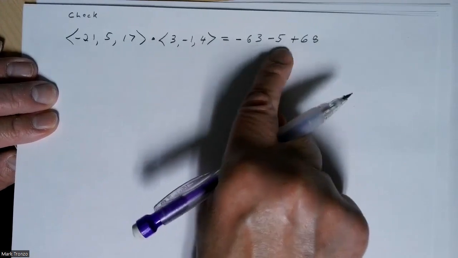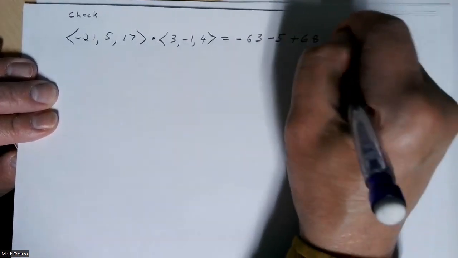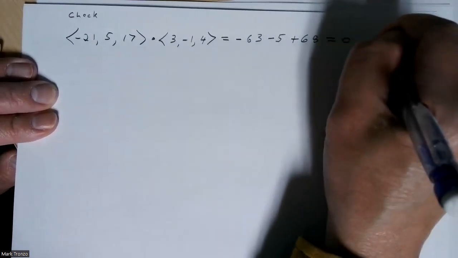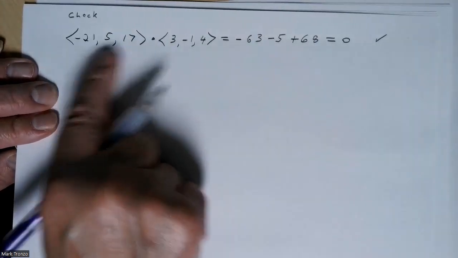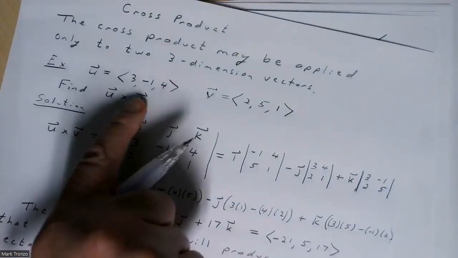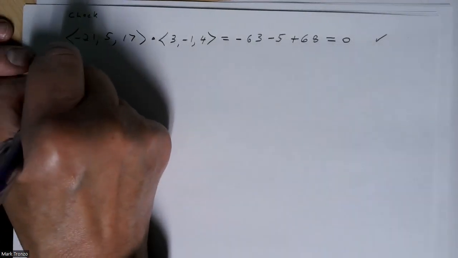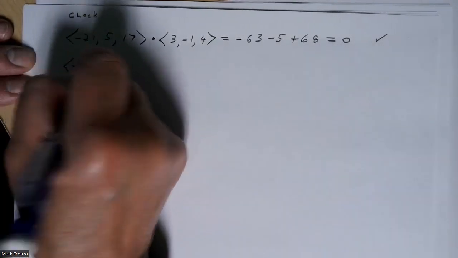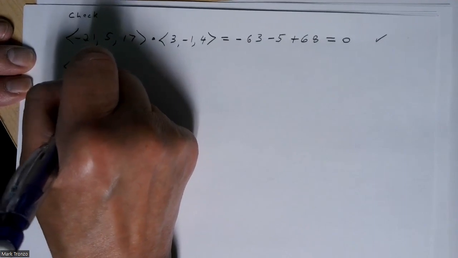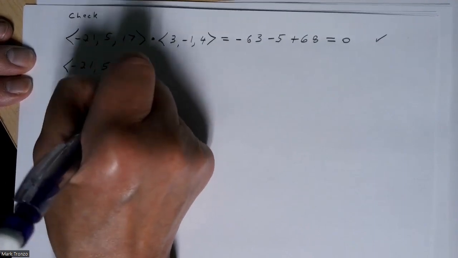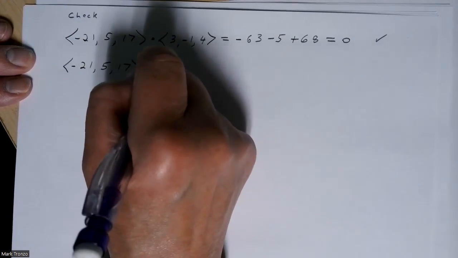And sure enough, this is -68, plus 68, so it's going to be 0. So that's perpendicular to one of our original vectors. So let's check the other one, to see if it's perpendicular to the other vector we inputted.